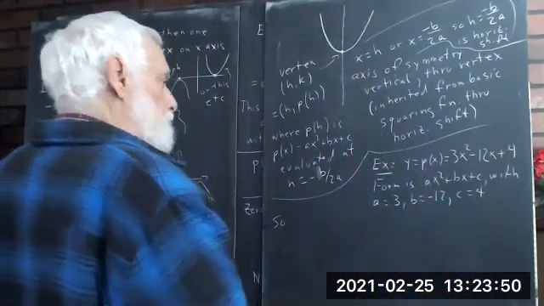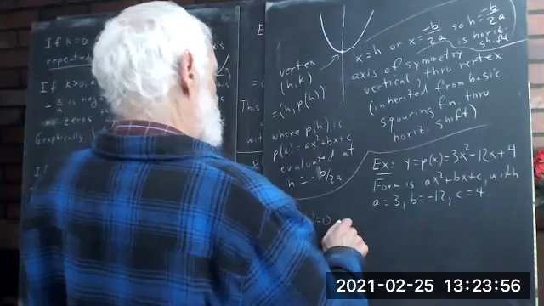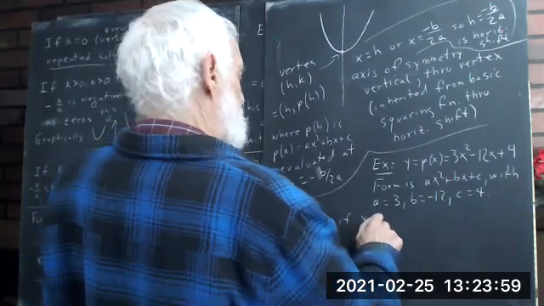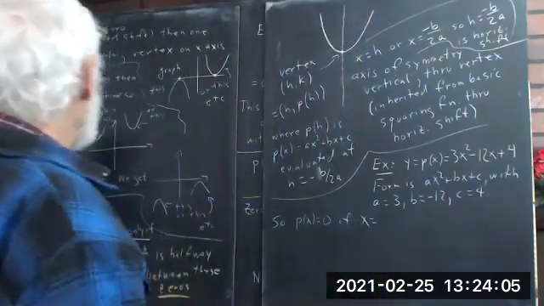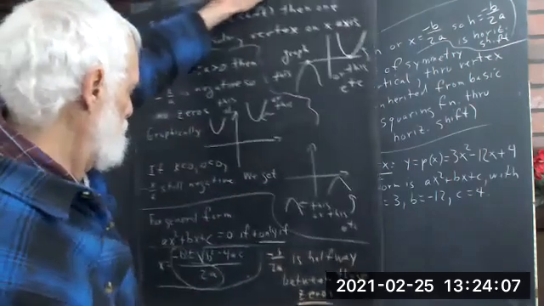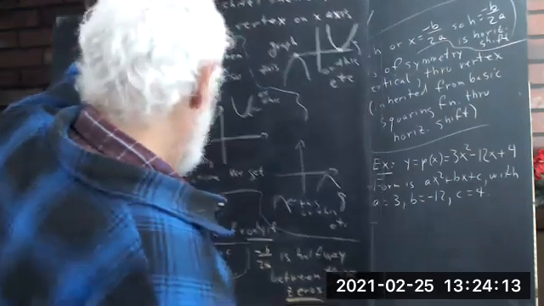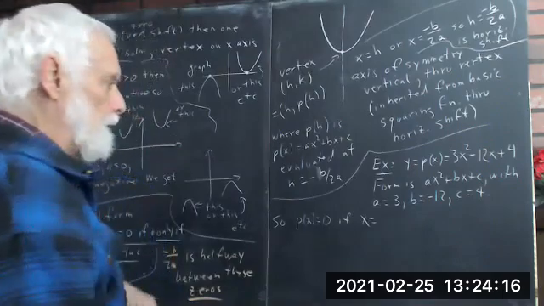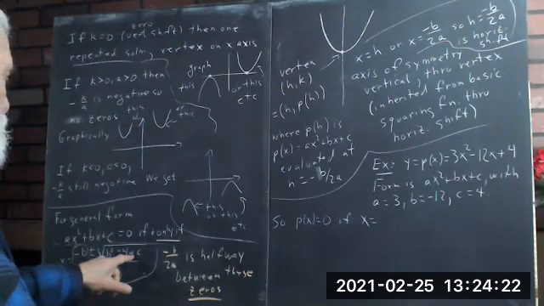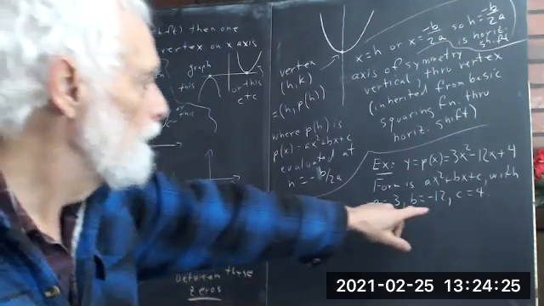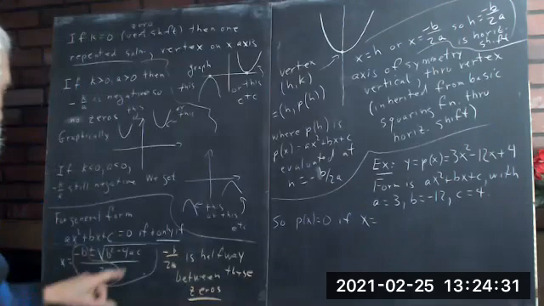So P of x is 0 if x equals what? Well, we go back to the quadratic formula, which we can see here. And we plug 3 in for a, negative 12 for b, here and here, and 4 for c, which occurs here.